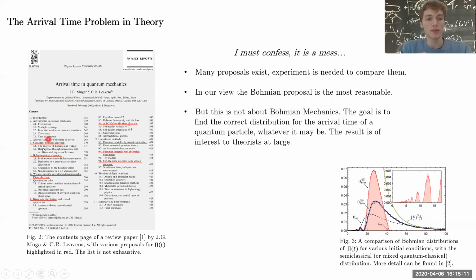And I've outlined some of those approaches in red, just so that you can see there's really a lot of disagreement in the theory about what the correct answer to this problem could be. I want to say that even this paper, which is a really nice review of all the different models that exist, doesn't capture even all of the models that have been proposed and are written about in the literature.